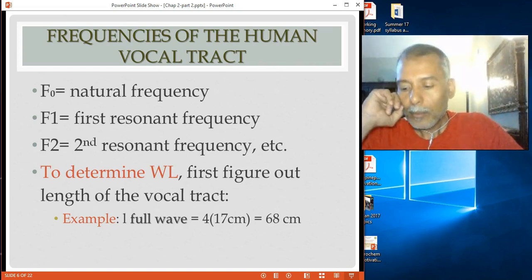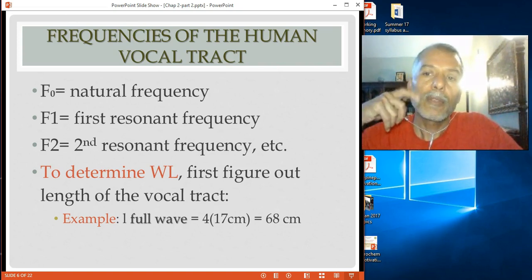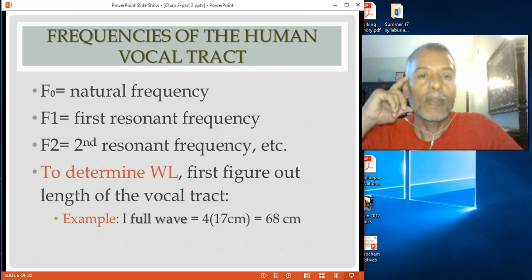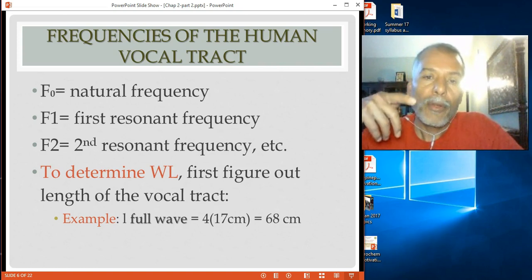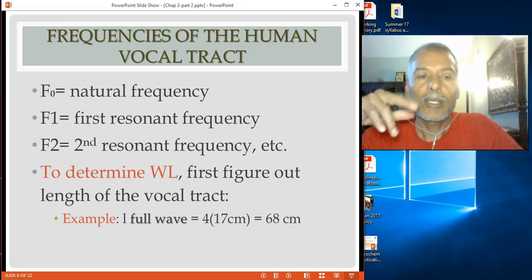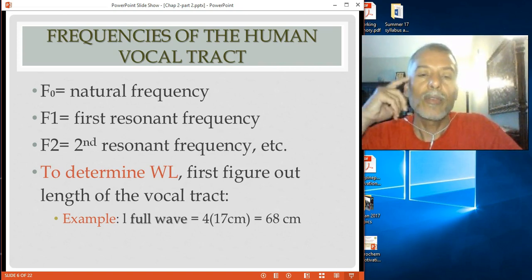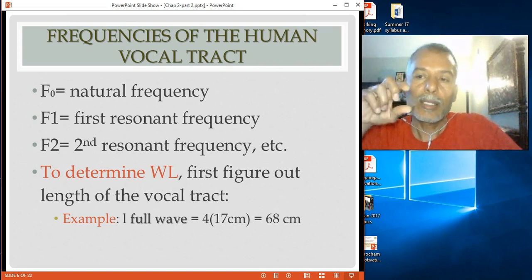Then the first harmonic is the first vibration of the air inside of the vocal tract. The second harmonic will be the second vibration of the air inside of the vocal tract.